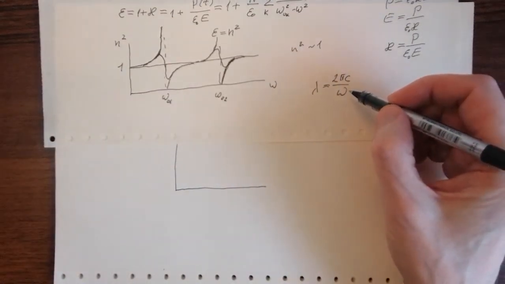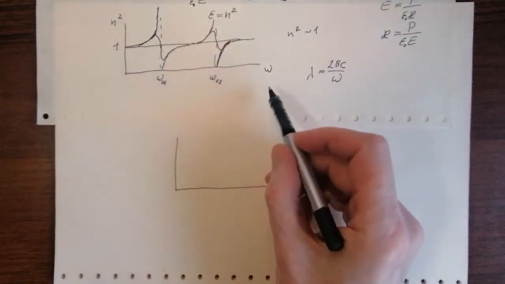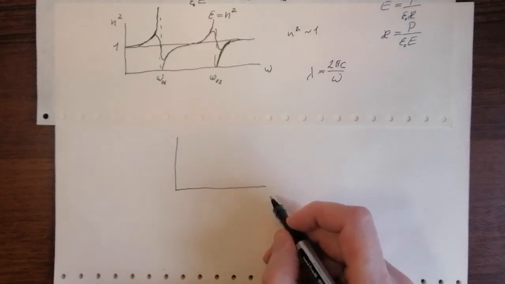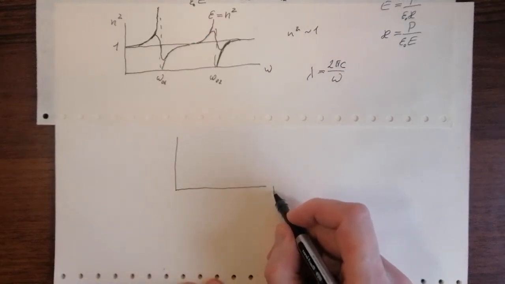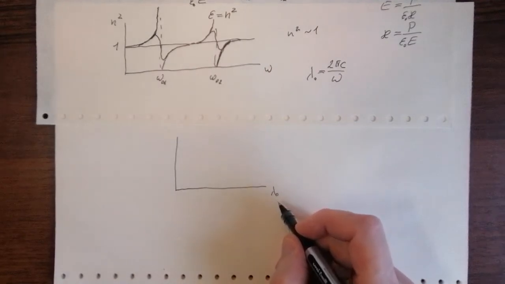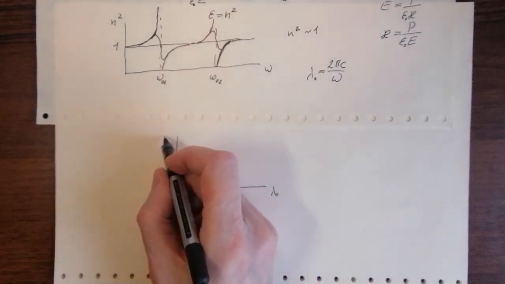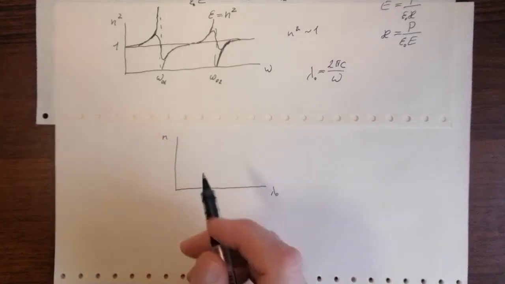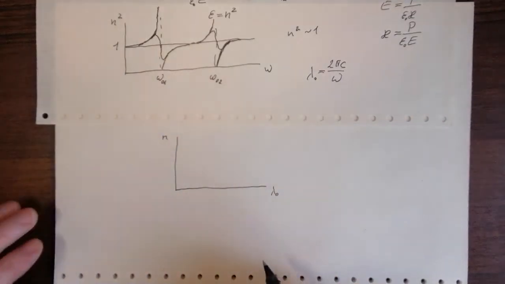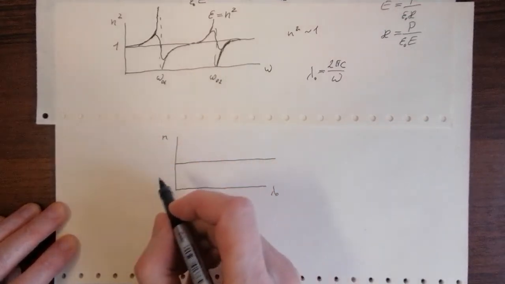So if that graph was omega and n squared, so if we put here lambda 0, and here we put n after taking the square root, the curve will be again similar to the previous one.